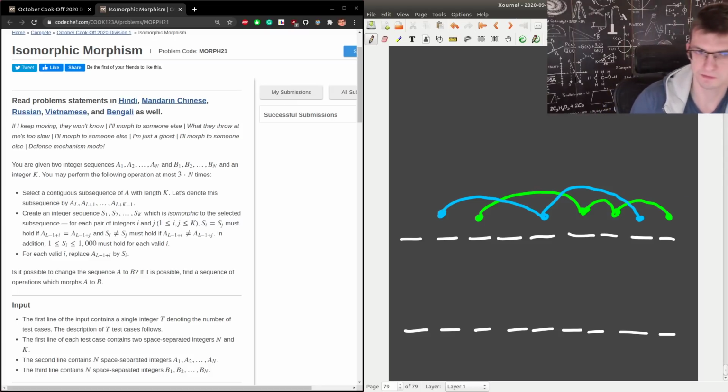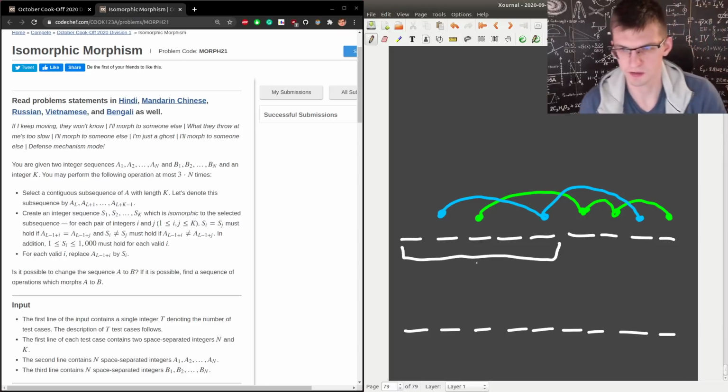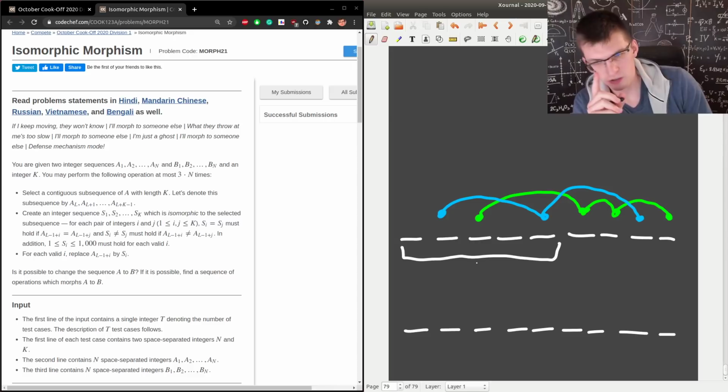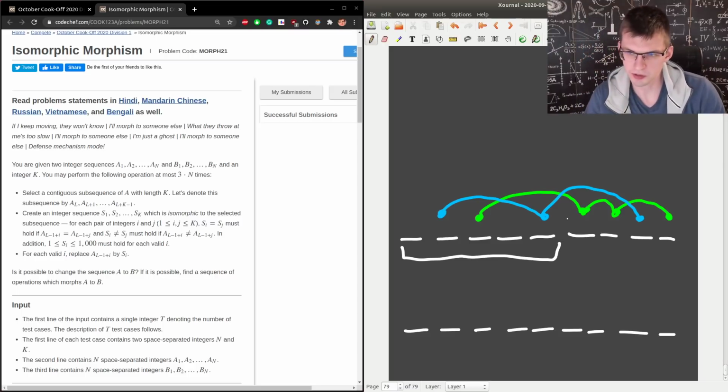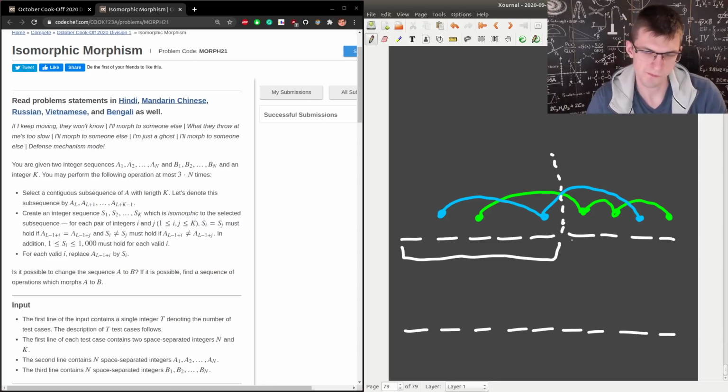And when I take consecutive k elements, I cannot break or make new connections inside. I can easily break anything that crosses that border by just changing this into some other value.